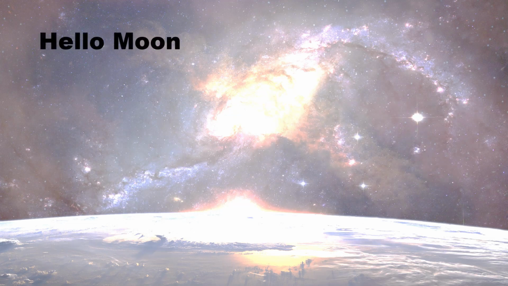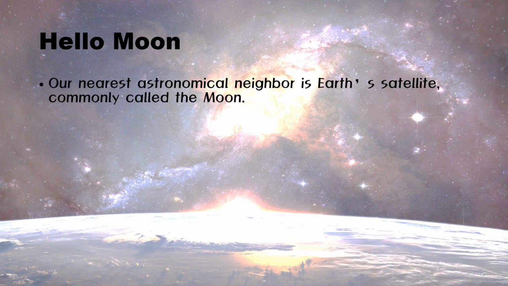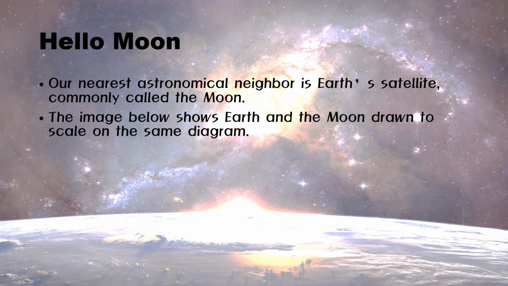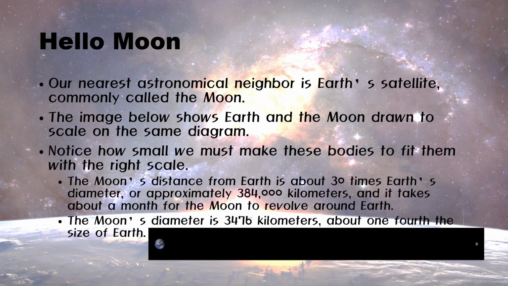If we zoom out just a little bit, we're going to take a look at the moon. The moon, of course, is our nearest astronomical neighbor. It is Earth's satellite, and we commonly refer to it as the moon. Now, the image below gives us a diagram that shows the Earth and moon more drawn to scale. And if we take a look at this, you'll notice how small we have to make these bodies to fit them within the proper scale.